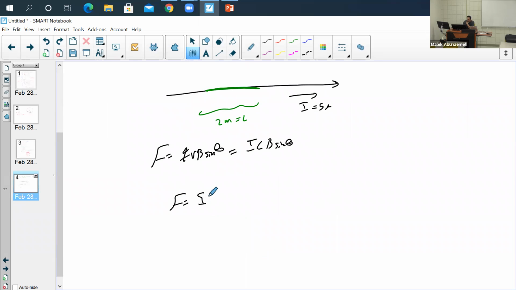So we're going to be using the ILB sine theta, which is going to equal your 5 multiplied by our length 2 multiplied by your magnetic field, which is going to be 1 Tesla. We have not defined it, have we?